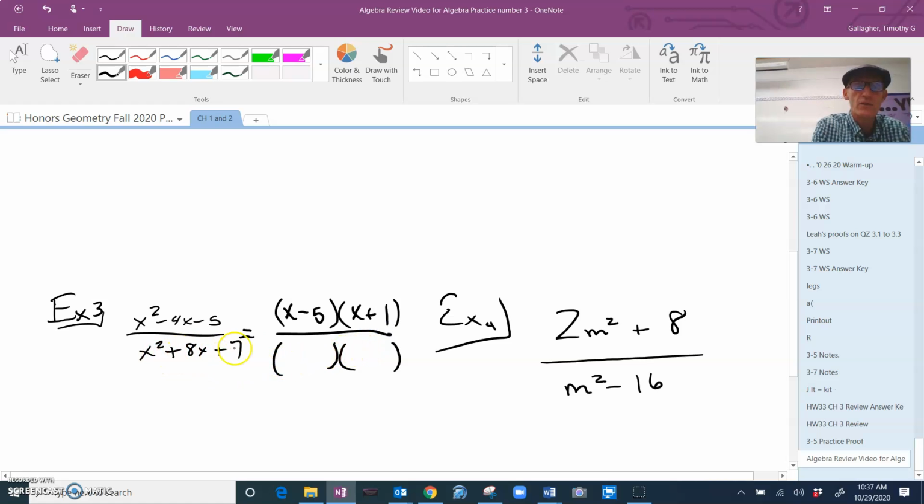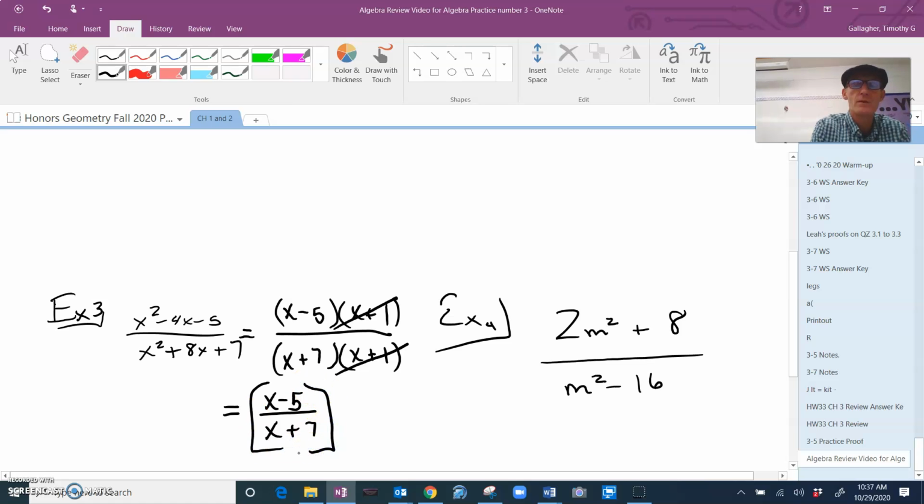And this trinomial is x plus 7 times x plus 1. So the x plus 1s are the two factors in this expression that cancel each other. So I end up with x minus 5 divided by x plus 7.